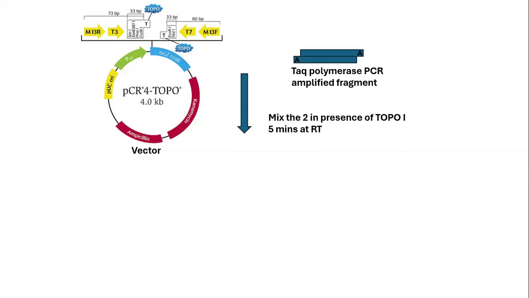Now, topoisomerase will specifically bind to these thymine residues and cleave the DNA. So after the activity of topoisomerase, you will generate these thymine overhangs on the vector, and the topoisomerase enzyme will actually be present bonded to the thymine residue.